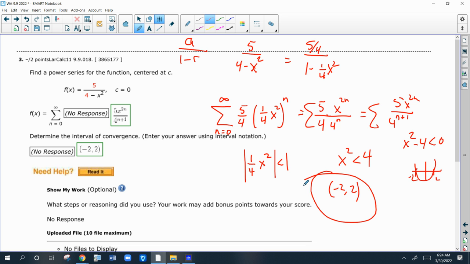That's why you have to check the endpoints. But when you're dealing with a geometric series, we know that the ratio must be less than 1. So there's no need to check the endpoints. If it equals 1, it's not in the interval of convergence. So that's why we can stop right here.